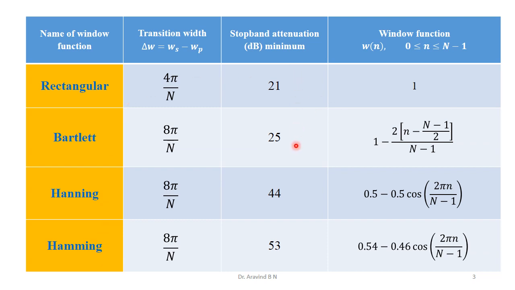Based on this attenuation value, we are going to identify which window we have to make use of, and in that calculation, we must identify the corresponding transition width. That is represented over here, and also the window function which we have to make use of. The rectangular, Hanning and Hamming windows are always the most commonly asked in the examination.